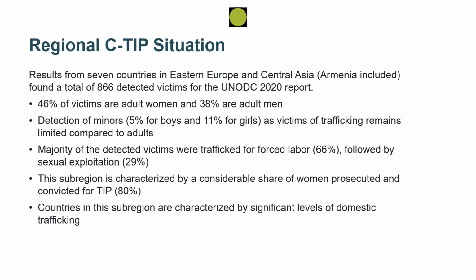Something very worth mentioning is that there was a considerable share of women who were prosecuted and convicted for trafficking in persons. And from the numbers, out of 66 of those detected victims, 80% of the women were prosecuted who were considered to be perpetrators. And of course, that region is significantly characterized by levels of domestic trafficking.